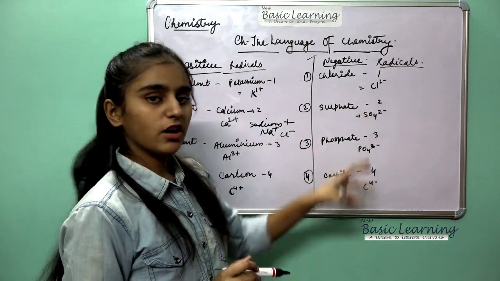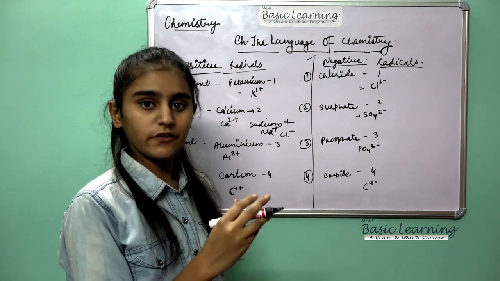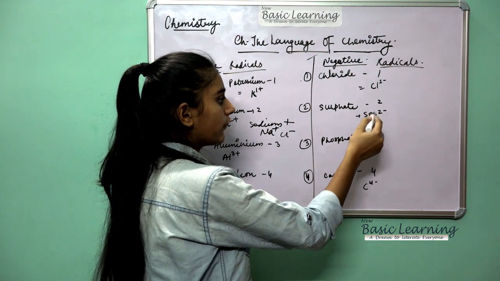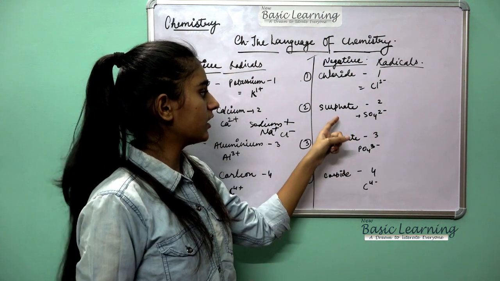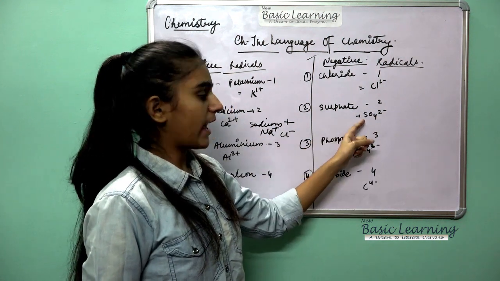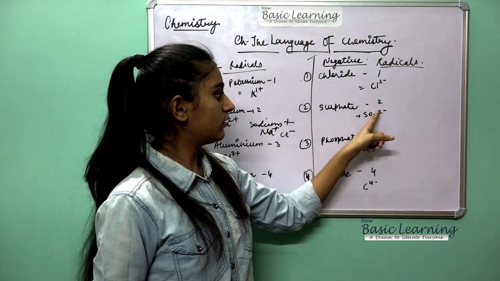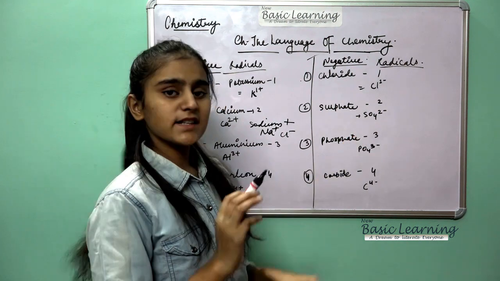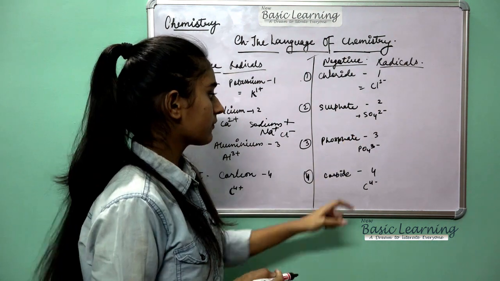Sulfate, the valency is 2, that is for sulfur. But we are putting it as sulfate, so the formula is SO4, and the charge is negative, so SO4 2 negative.